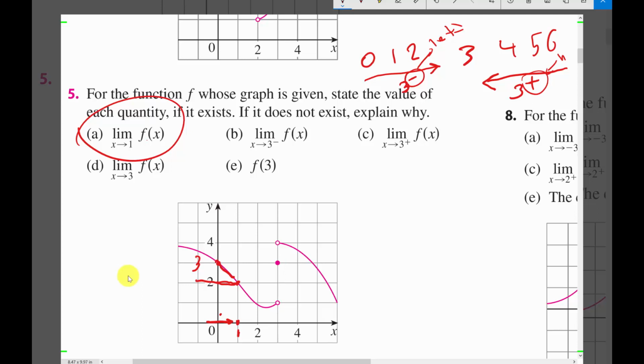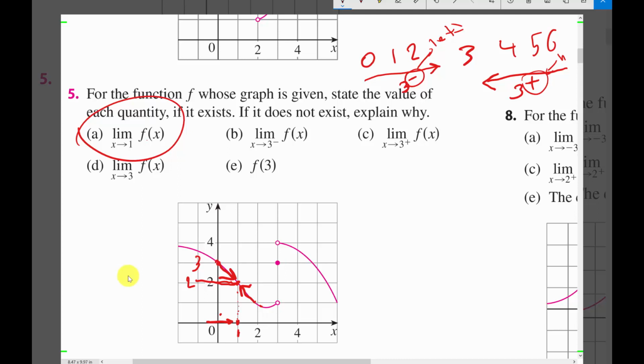So I'm on this side, approaching from the left side, and this is 1. Now if I approach x equals 1 from the right side, I see that f of x also equals 2, which is the same value.